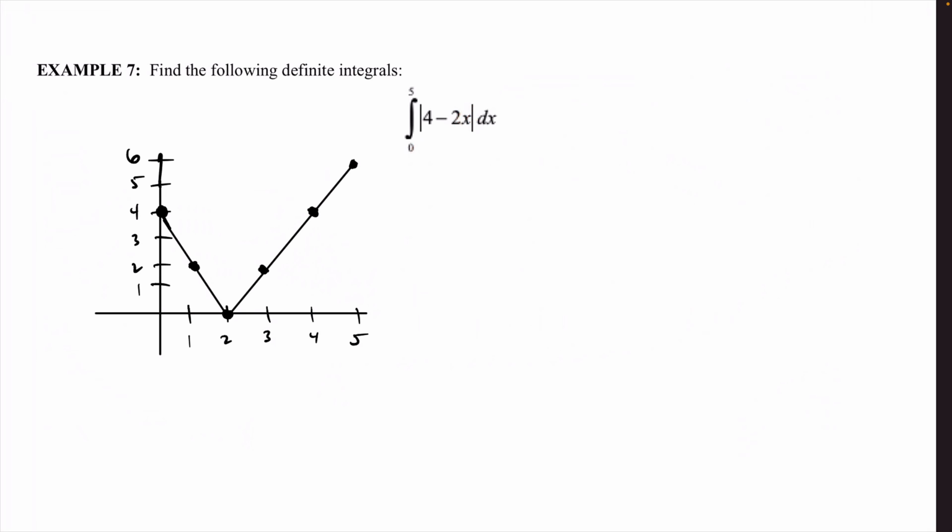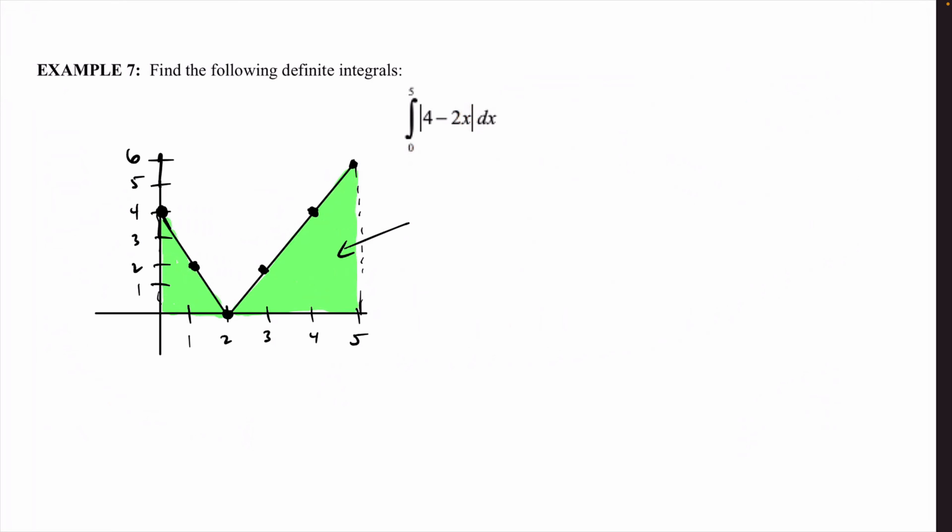Area under the curve. So in other words, they want us to find the area underneath the V. Those look like two shapes we have seen before. Triangles.